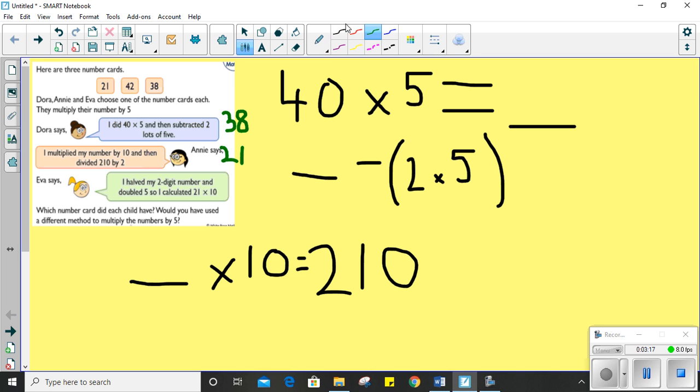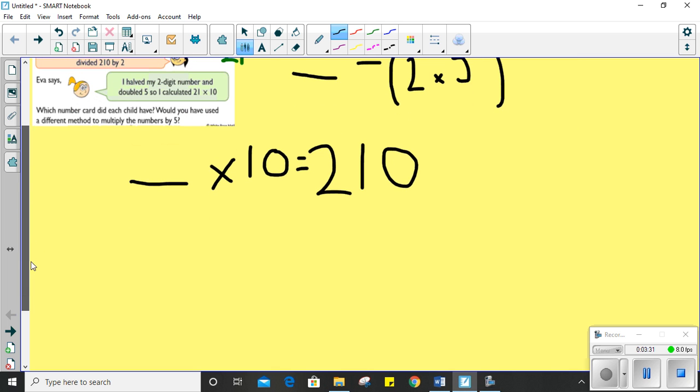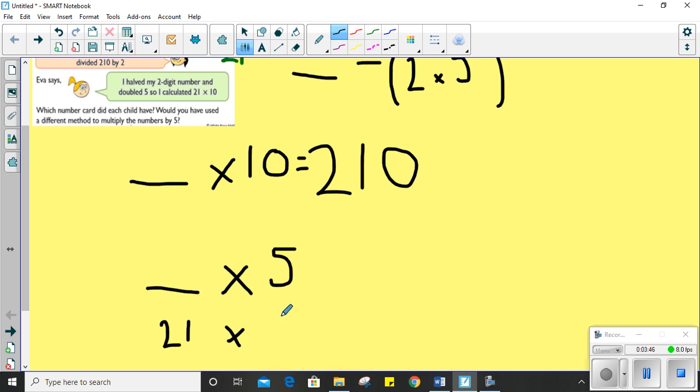Right, let's have a look at this last one. Eva says, I halved my 2-digit number and doubled 5, so I calculated 21 multiplied by 10. Right, so the task was to do the number multiplied by 5. But because she halved that number, she could double the 5. So she did 21 multiplied by 10.